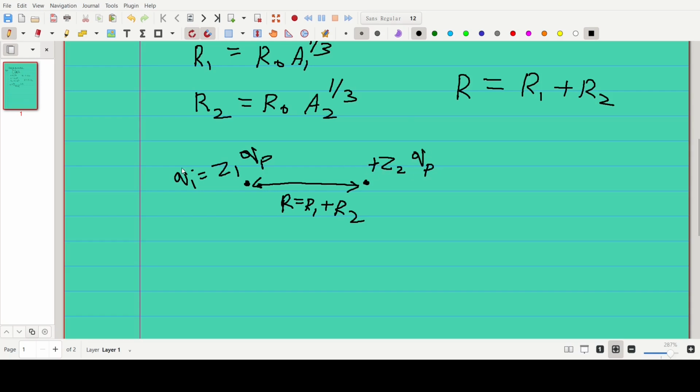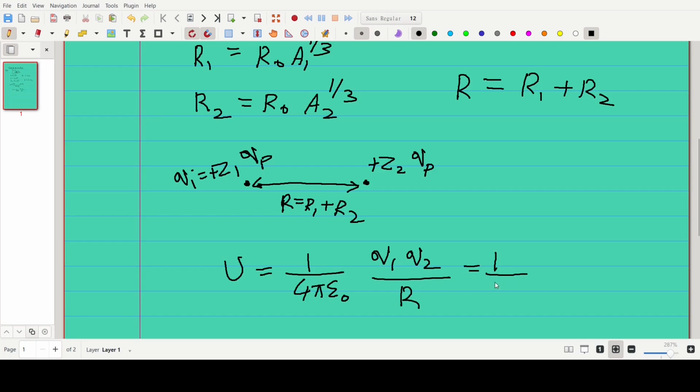These are positive charges. Now we simply calculate the potential energy between these two. The potential energy will simply be 1 by 4 pi epsilon naught times q1 q2 by r.